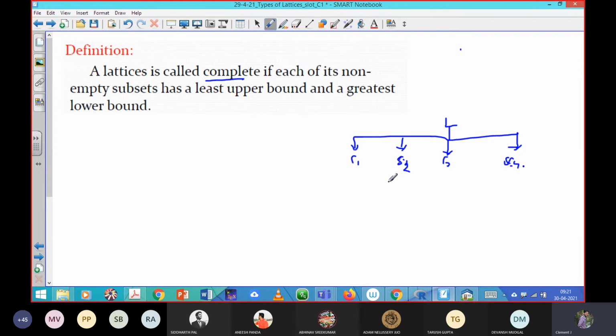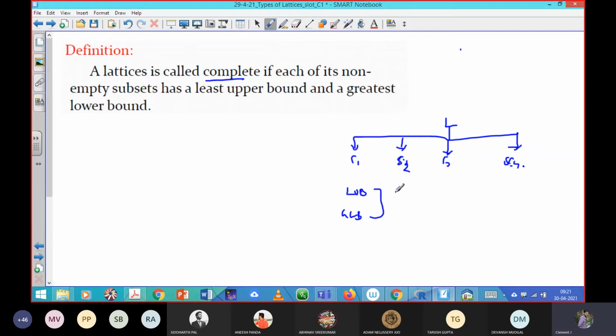The complete lattice definition means that in your lattice, each of its subsets should have a LUB and a GLB. That means it should have the element.